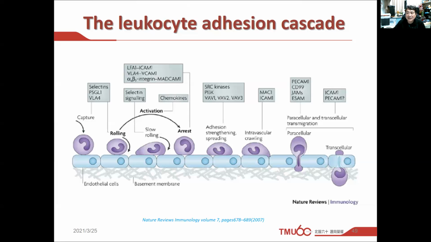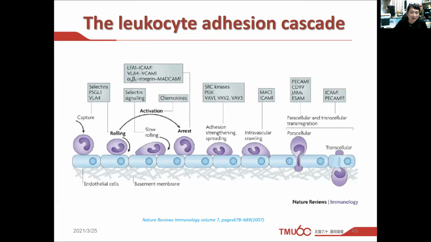They are going to release free radicals, lipase, and proteins, including histone protein, to minimize the damage or limit the bacteria or pathogen spreading from tissue to tissue. And eventually they are going to do cleanup jobs and do the repairing in the tissue.